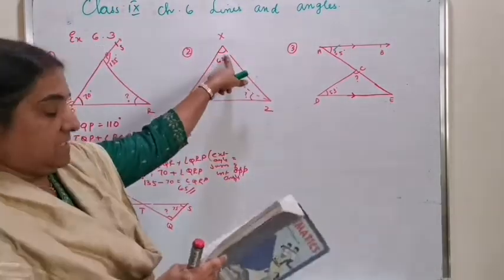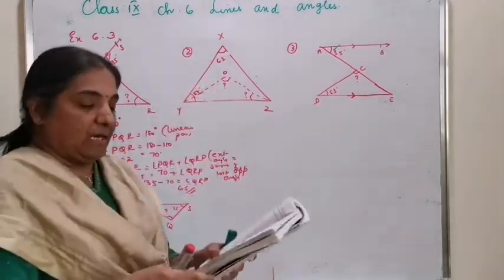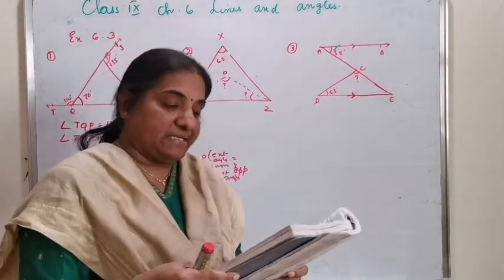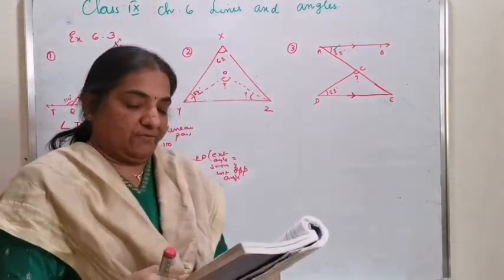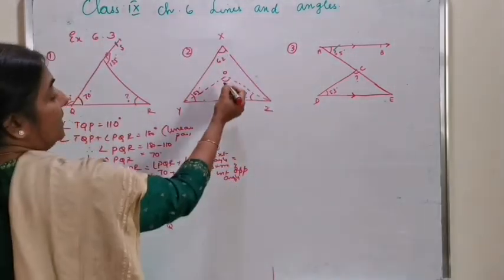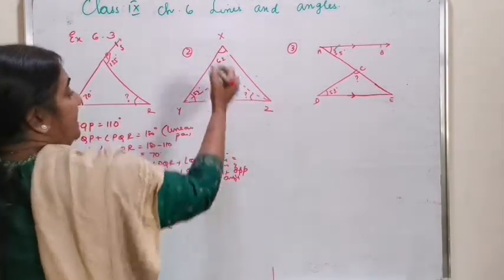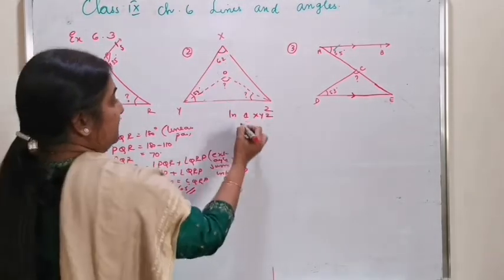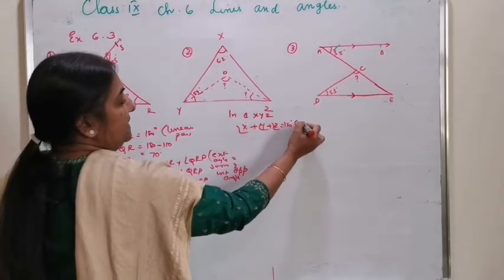The second question is angle X is equal to 62 degree. Angle XYZ, that means the total angle Y is given as 54. If YO and ZO are bisectors of angles XYZ and XZY, find angle OZY and YOZ. Both the angles have to be found out. In triangle XYZ, the whole triangle, X plus Y plus Z is equal to 180 degree.